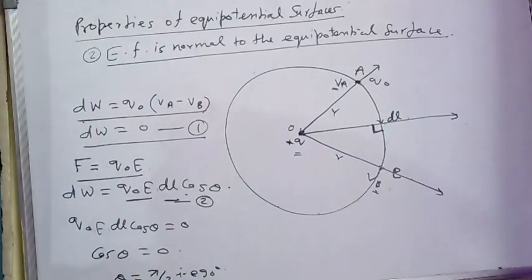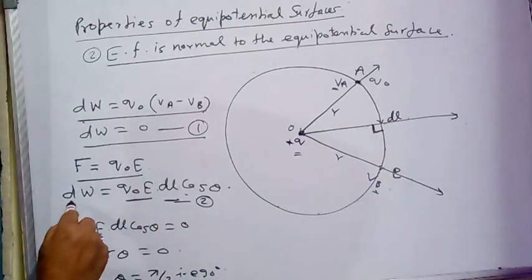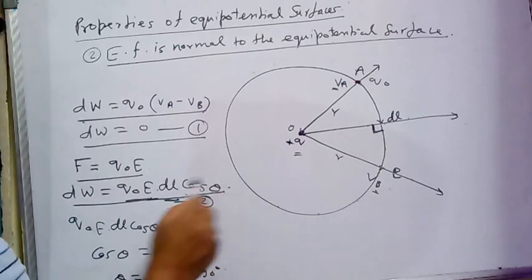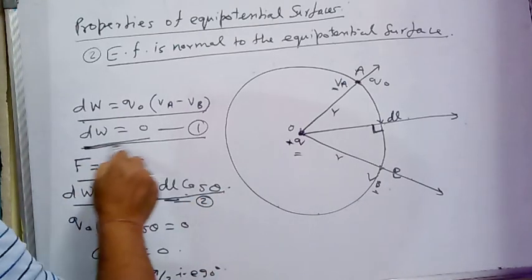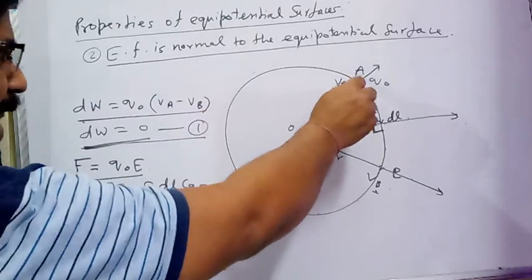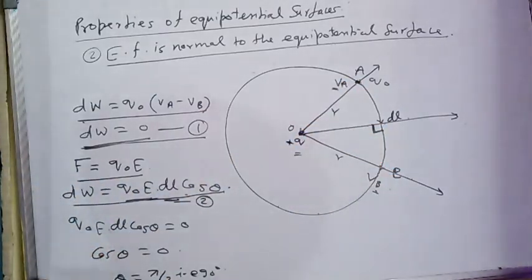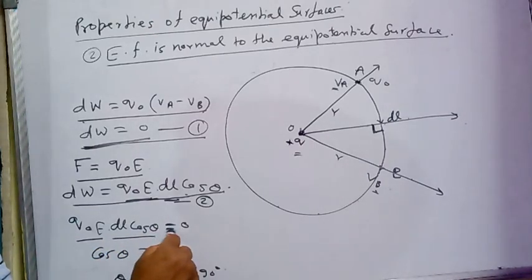This work is already 0, as points A and B are on the equipotential surface. It means Q naught E dl cos theta is equal to 0.